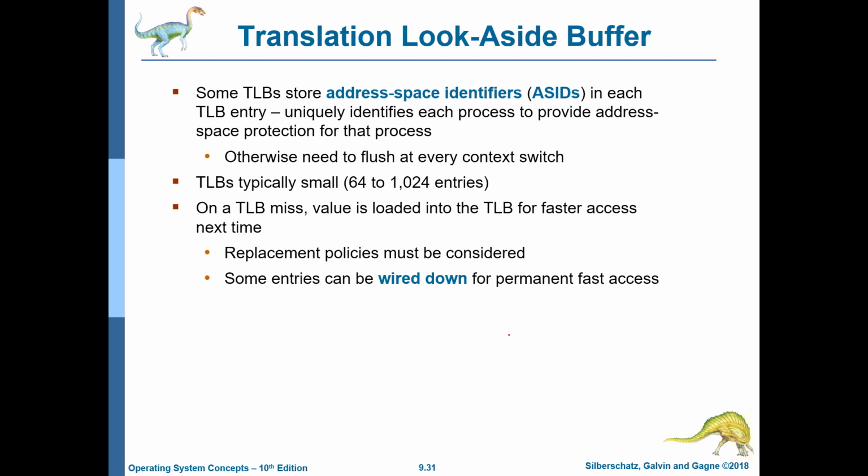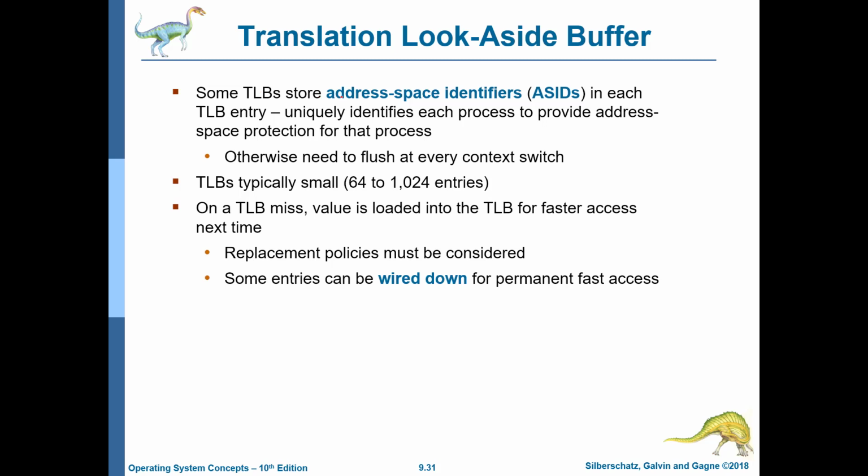Furthermore, as we have discussed, we have a separate page table for every process. Now a question can be asked: let's say we change the process. One process gets context switched and a new process comes in. What happens to the TLB? Well, in this case, the entries of the TLB will be invalid.